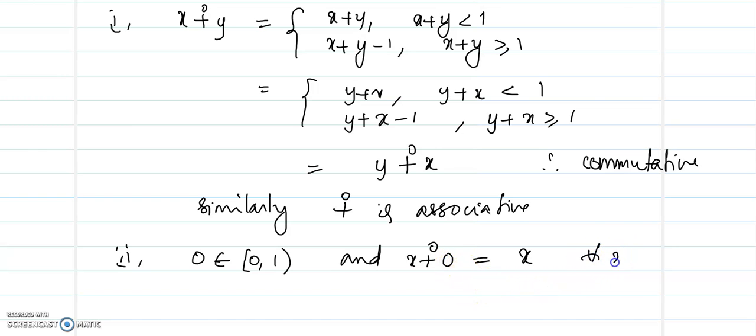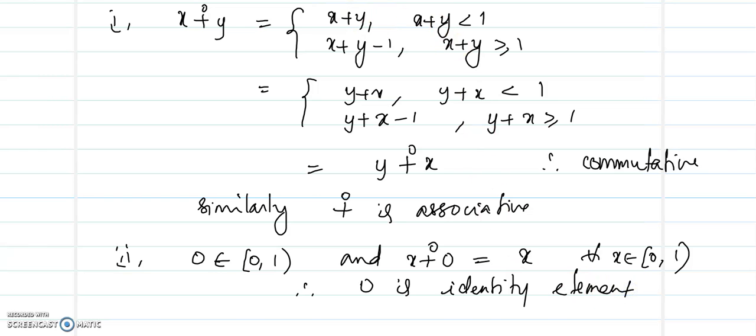This is true for all x belonging to [0,1). So it has an identity element. Similarly, when you take 0 sum modulo 0, x plus y will be less than 1, so the value will be equal to x plus y, which is 0.